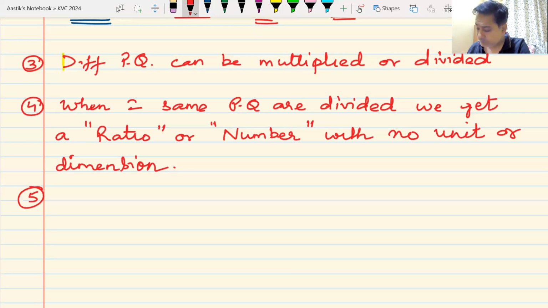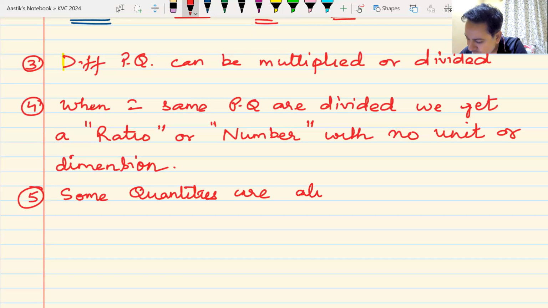So, remember this, the last point: some quantities are always numbers. There are some physical quantities which are always numbers.